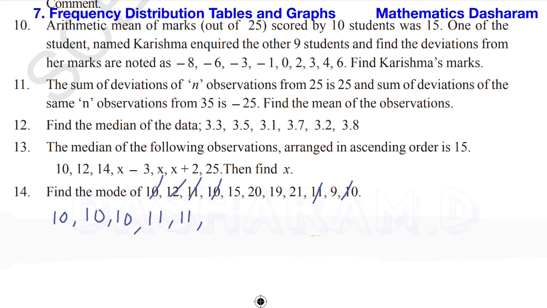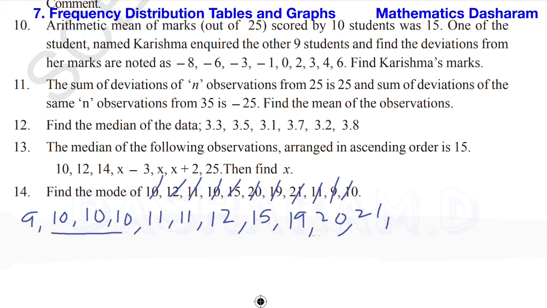Next 12 only once, 15 only once, 19 only once, 20 only once, 21 only once, and 9 right at the beginning. So here 10 is repeated 3 times, 11 repeated 2 times, remaining all came only once.